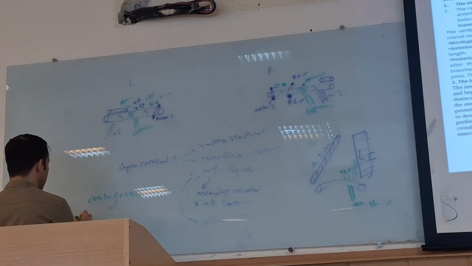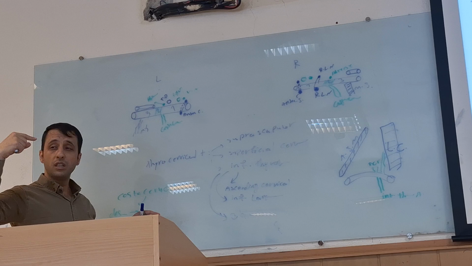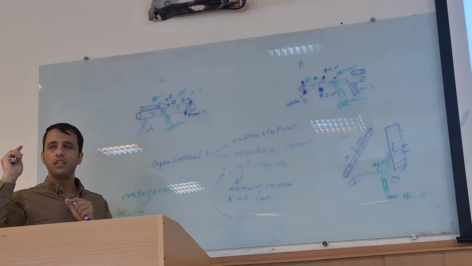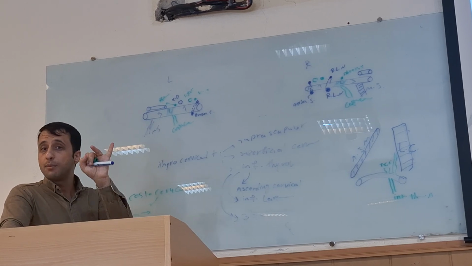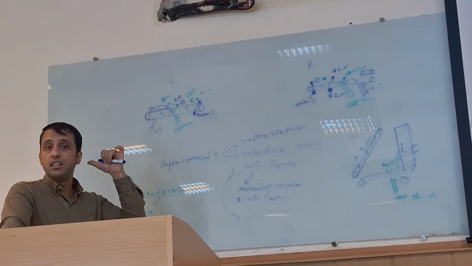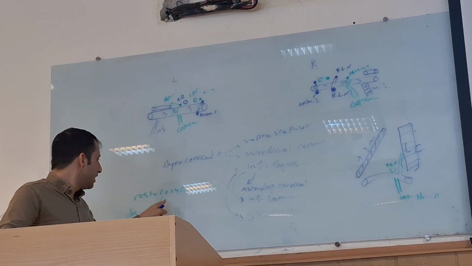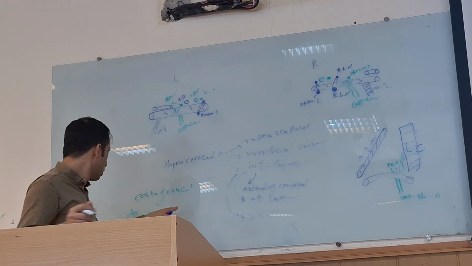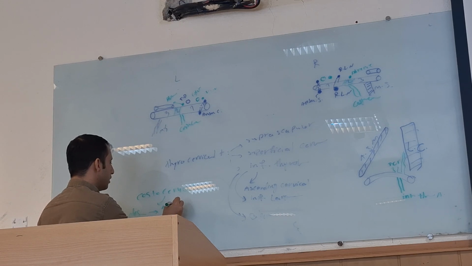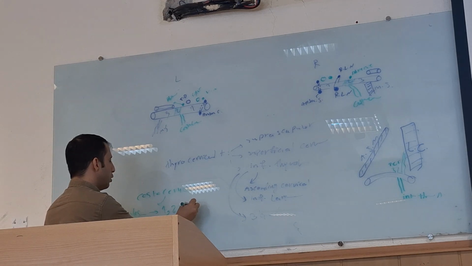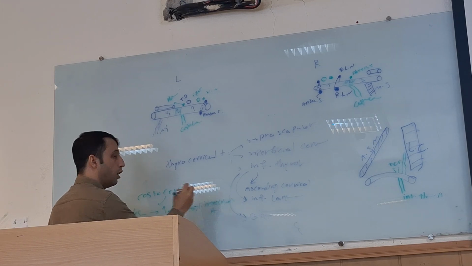It has a descending branch. Do you remember the blood supply of the intercostal space? The first and second intercostal spaces posteriorly are supplied by which artery? By the descending branch of the costocervical artery, which makes the posterior intercostal artery.